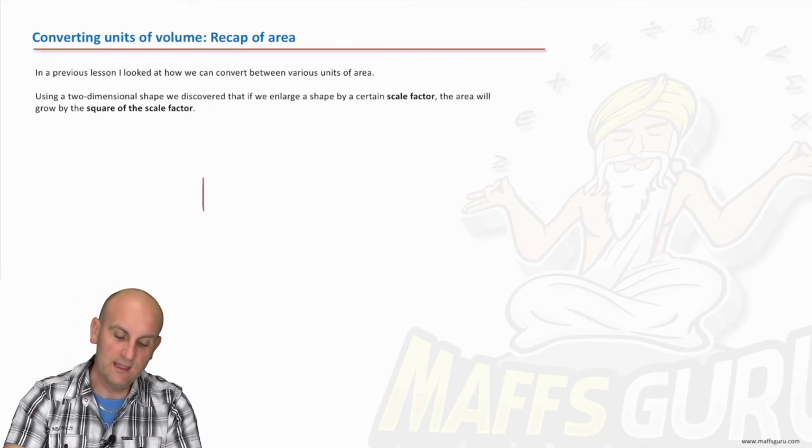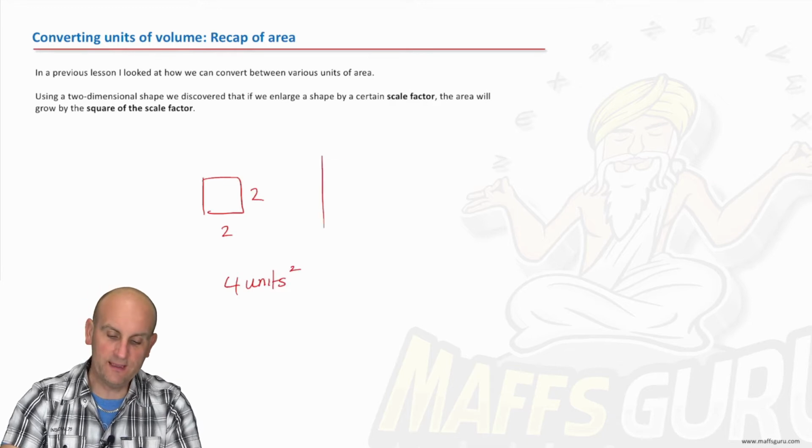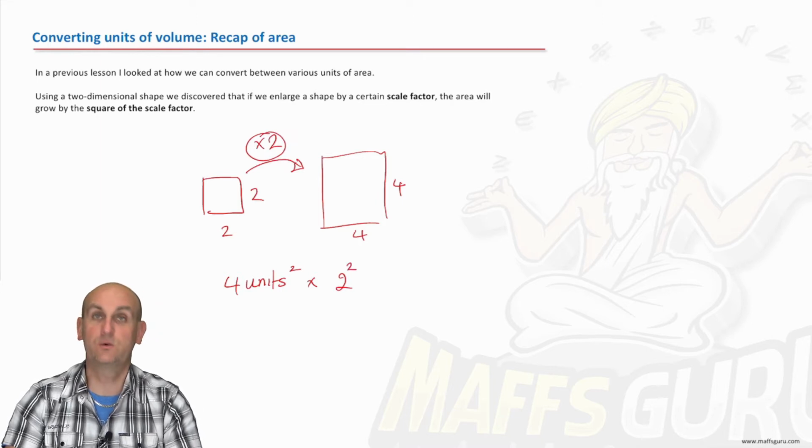So for example, if I had a square that was 2 by 2, we would know that the area of that would be 4 square units. If I now made that 4 by 4, because I've multiplied by 2, I know that my area is actually going to become the scale factor, times 2, but squared.